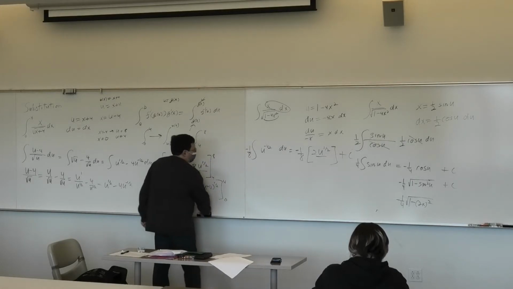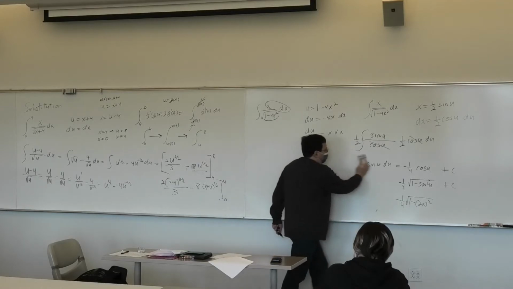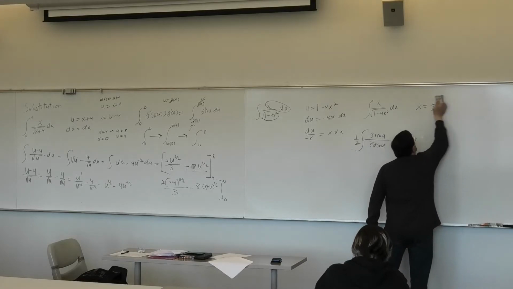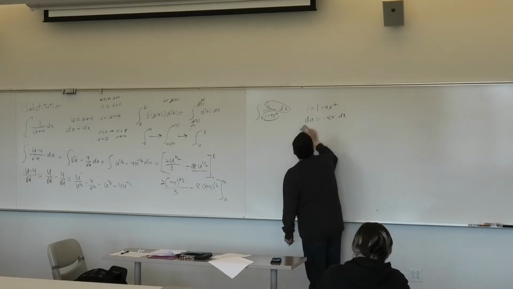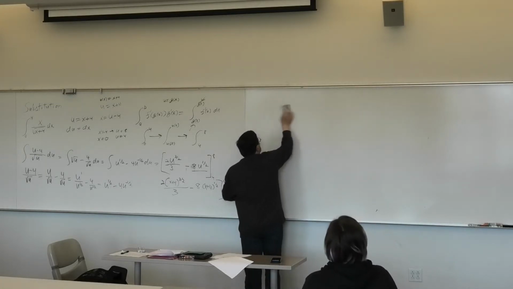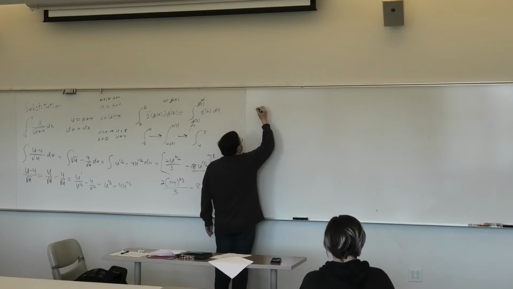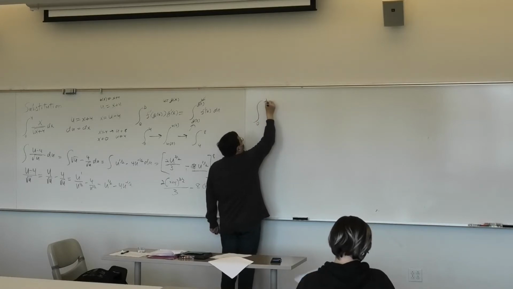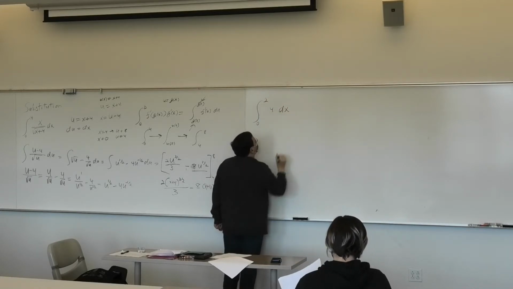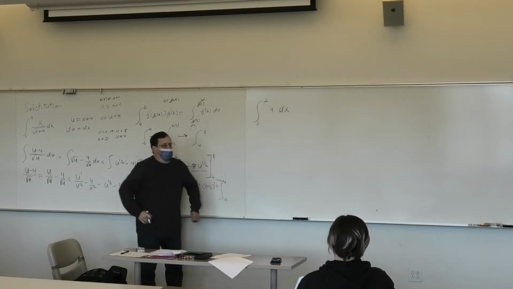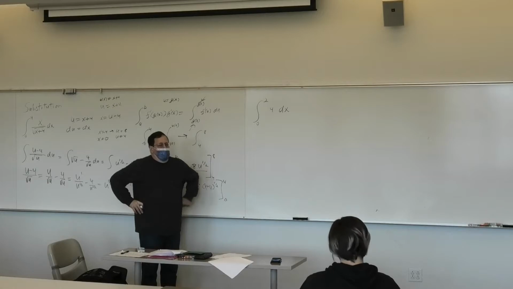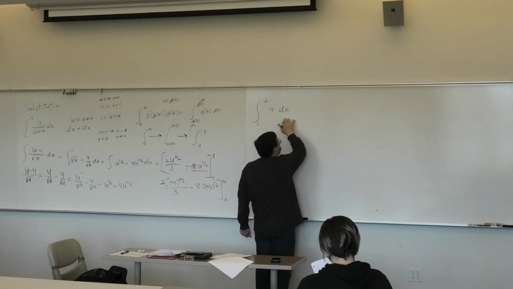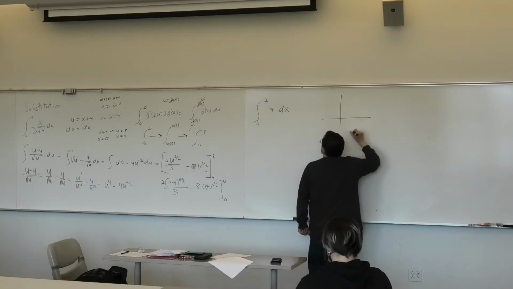I'm going to go there for just a second. Let me oversimplify it. Let's say I wanted to do something really simple. I want the integral from 0 to 2 of 4. I want to do a substitution, but before I do that, let's just draw a little diagram here.